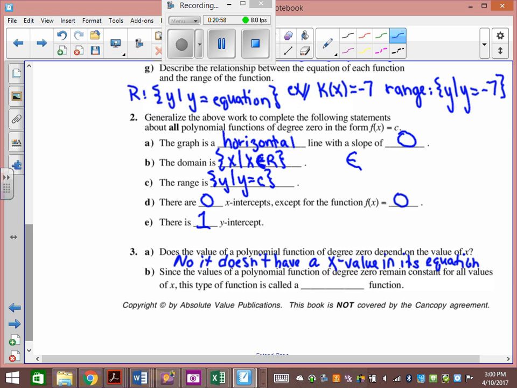Since the values of a polynomial function of degree 0 remain constant for all values of x, this type of function is called a constant function.